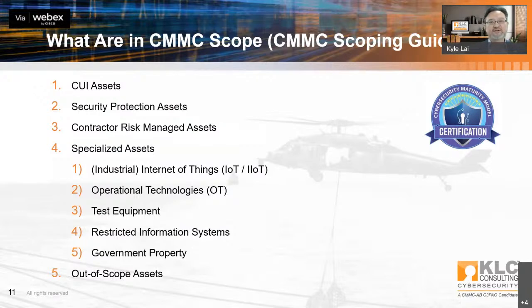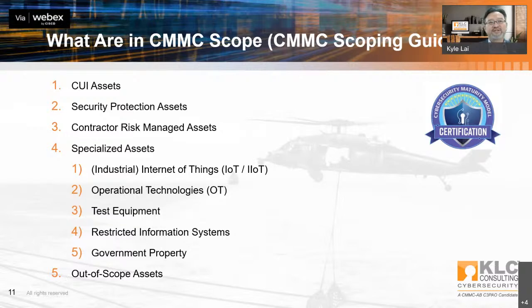This is what's defined as what you should include in the CMMC scoping guide, and they specify you have to identify these types of assets within your CUI scope. First one is very clear, the CUI assets. These are the assets that process, transmit, or store CUI. We are going to go through the CUI data lifecycle in the next couple slides, so I'll walk through that. How do you determine the CUI assets?